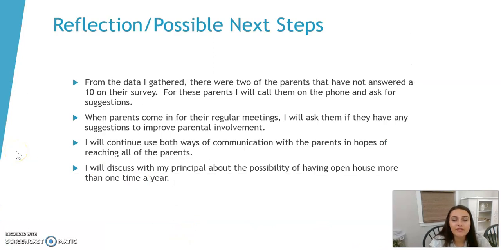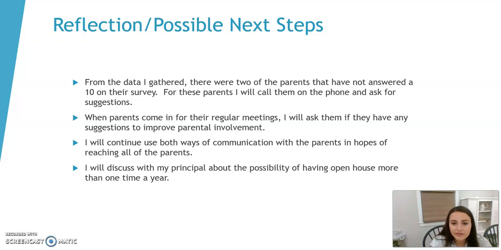So, reflection, the possible next steps from the data I gathered: there were 2 of the parents that had not, sorry, it should have been a 5 on their survey. These parents, I will call on the phone and ask for any suggestions that they have.